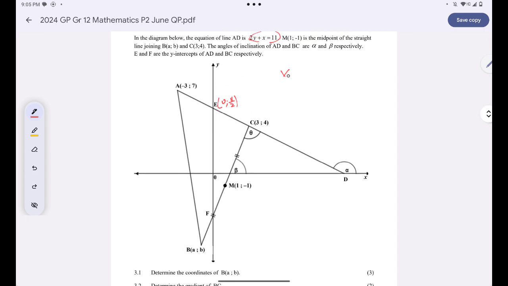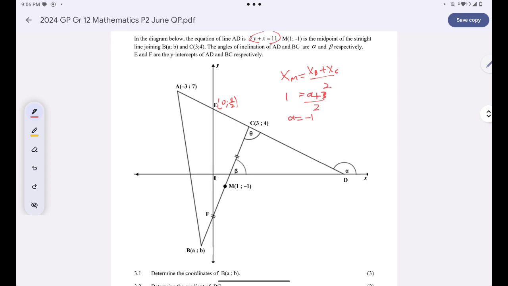I know that the x value at M, I can find it by simply saying x at B plus the x at C all over 2. The x value at M is 1, x value at B is A, x value at C is 3, all over 2. Therefore, A is equal to negative 1. Then I'll do the same thing for y.